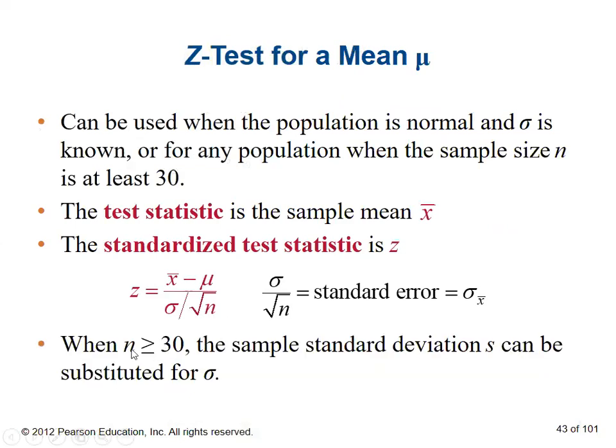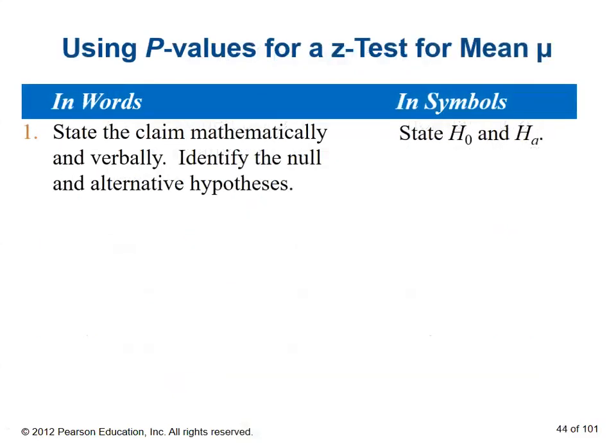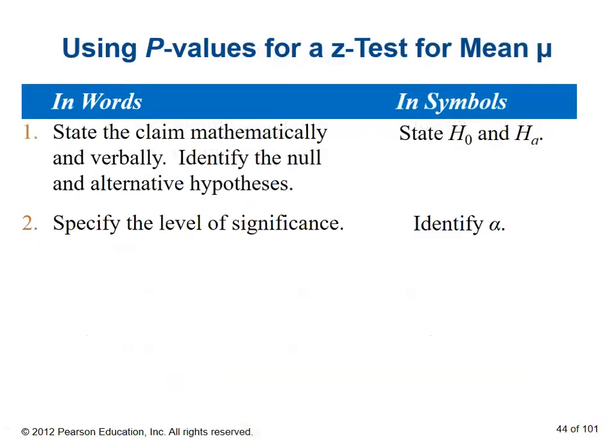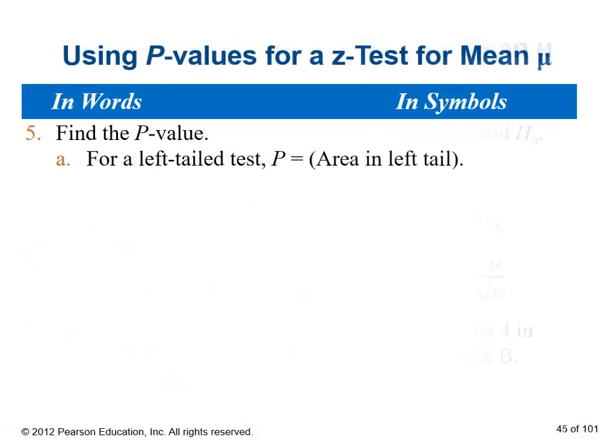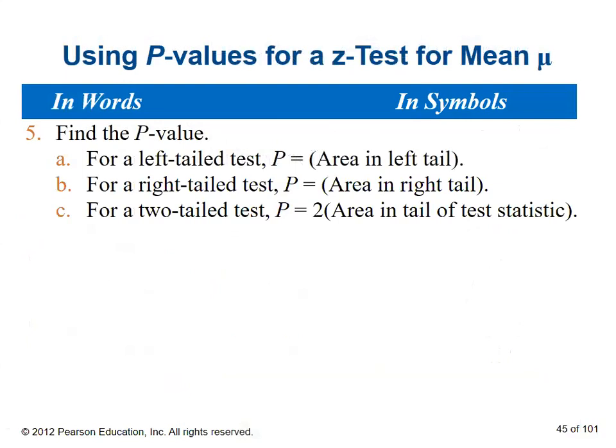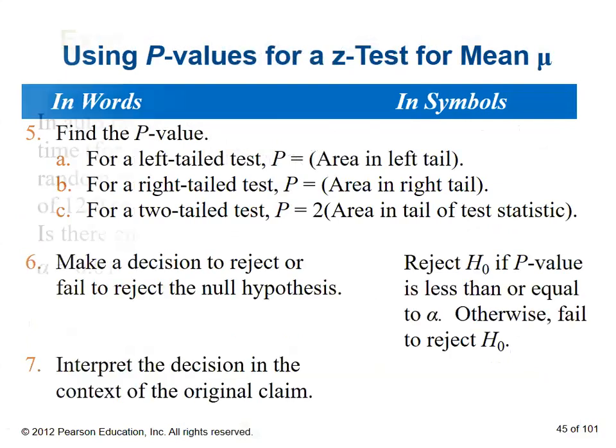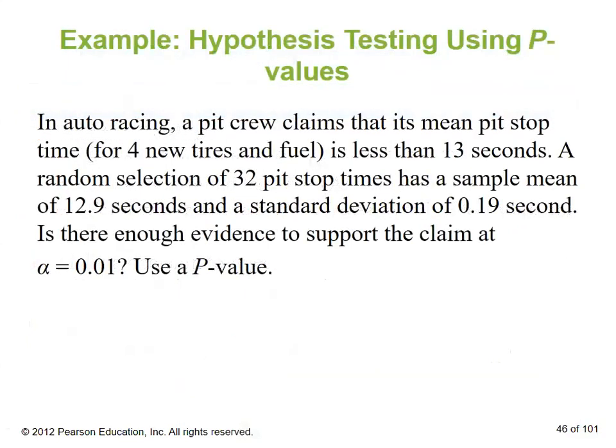So as long as n is greater than or equal to 30, if they didn't tell you the population standard deviation, you're allowed to use the sample standard deviation for the population. You still divide it by the square root of n though, okay? Now this is just kind of summarizing all the different pieces we've talked about, but let's look at how we're going to put this together to actually run a hypothesis test using p-values.